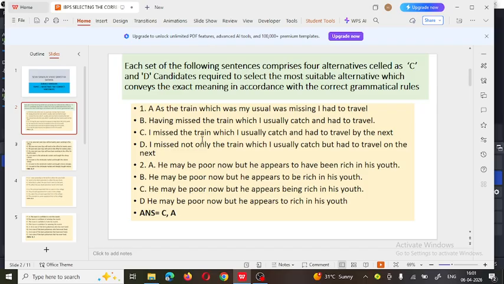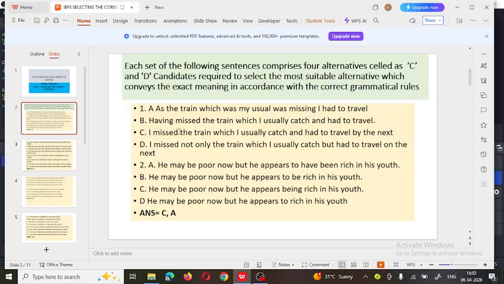Next, I missed the train which I usually catch and had to travel by the next. So the meaning is I have missed the train. Which train? So here the part of the sentence after which is giving information about the train.